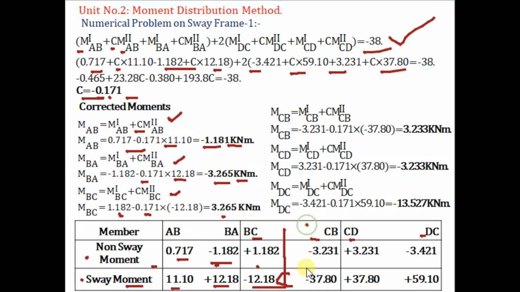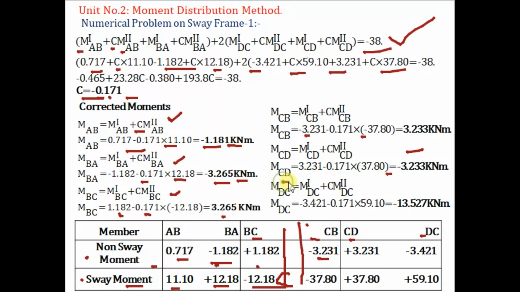The next, consider MCB. First value is minus 3.231 minus correction 0.171 into minus 37.80, we have 3.233 kilonewton meter.